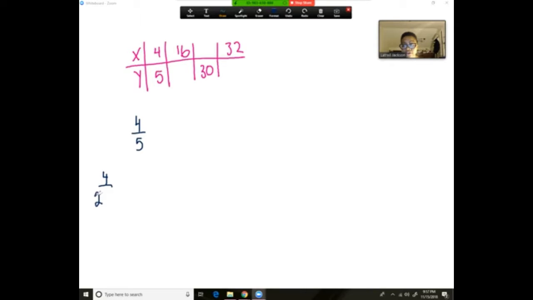The factors of 4 are 2 times 2 and 1 times 4, and for 5, only 1 times 5. The only common factor they have is 1, which is everything has 1 in common. So nothing more than that. Therefore, this is our simplified fraction, which is our ratio for the table.